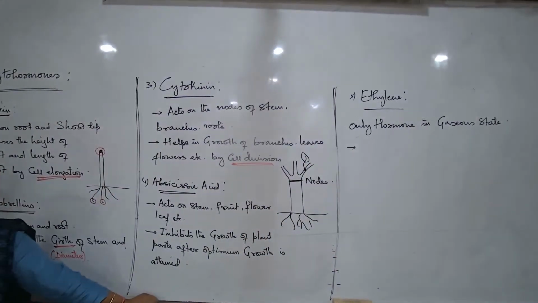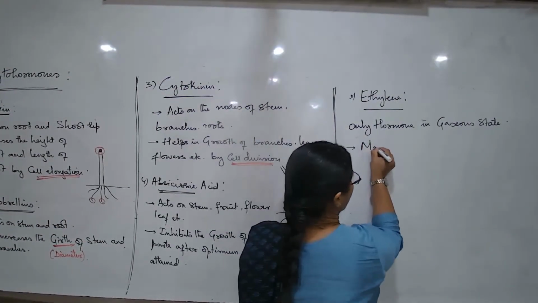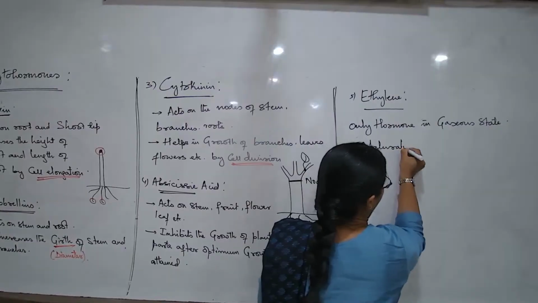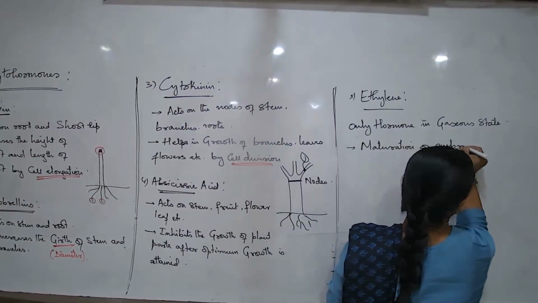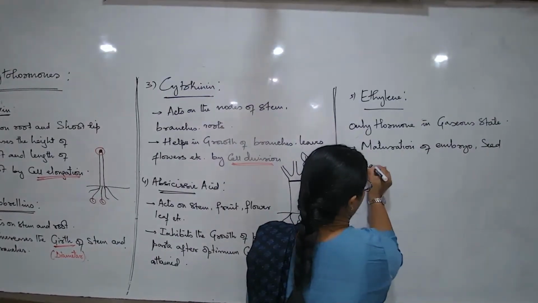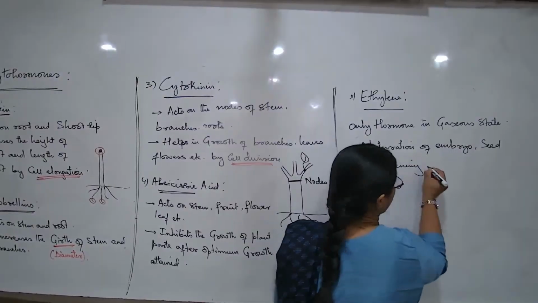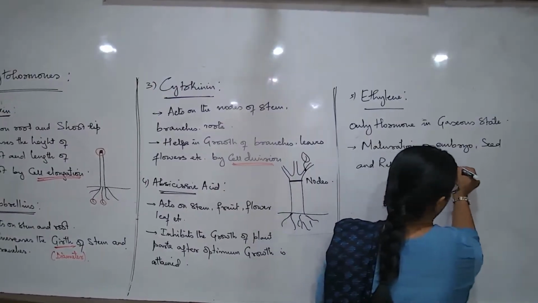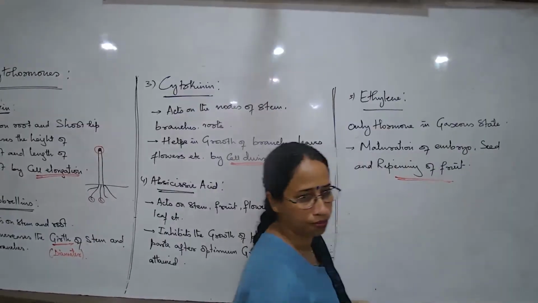Maturation of the embryo, the seed, and ripening of the fruit. It is a major hormone involved in the ripening of the fruit.